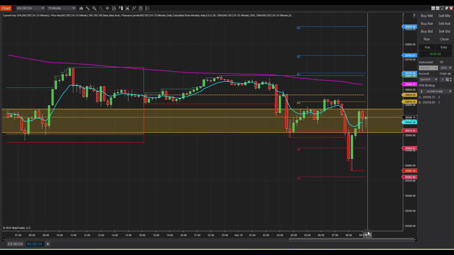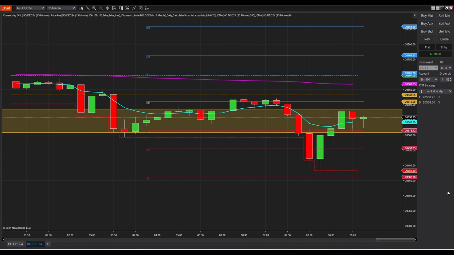We're just looking for short scalps. I can see the price action on this 15-minute candle. And right now it's a rangy candle. We haven't broken out these two levels.